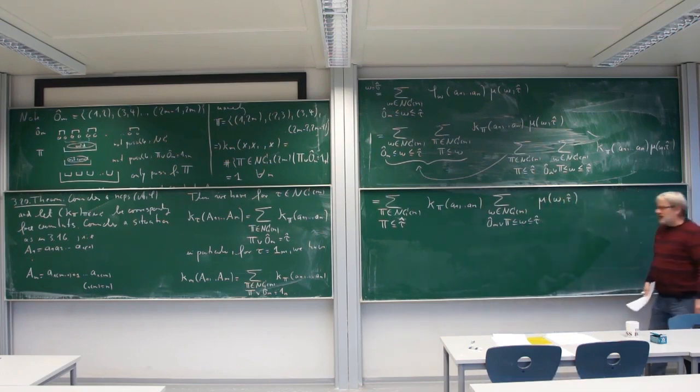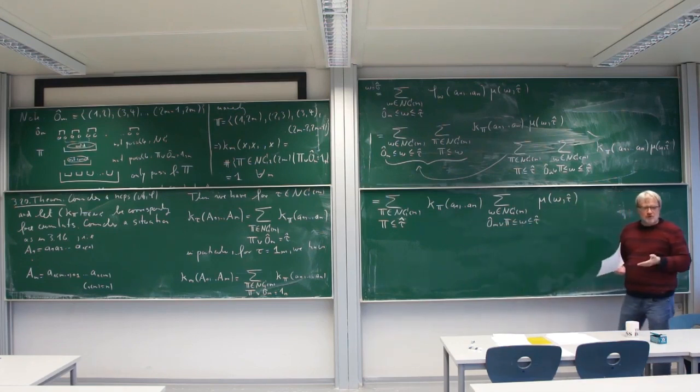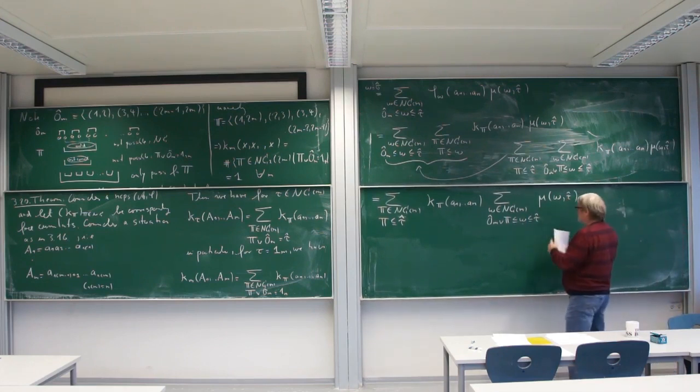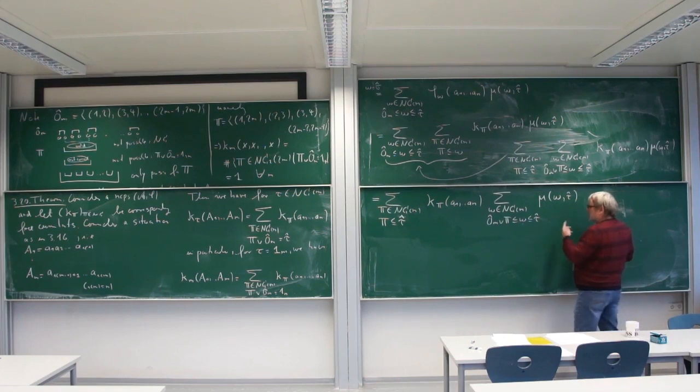But summing the Möbius function over one of its arguments, where that argument runs between something here and the second argument, is something which we know. This is just the defining property of the Möbius function: this sum is either 0 or 1, and it is 1 only in this case, when this guy here is the same as this. Otherwise, it is 0.